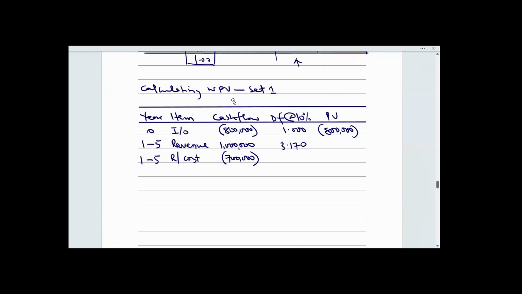Please confirm. 1.1 raised to power 5 minus 1, divided by 0.1, equals 3.791, rather 3.791.